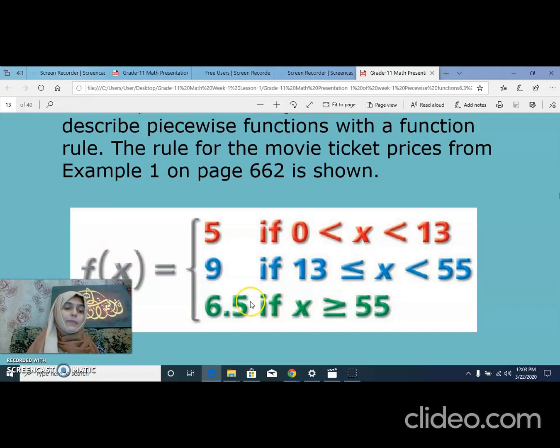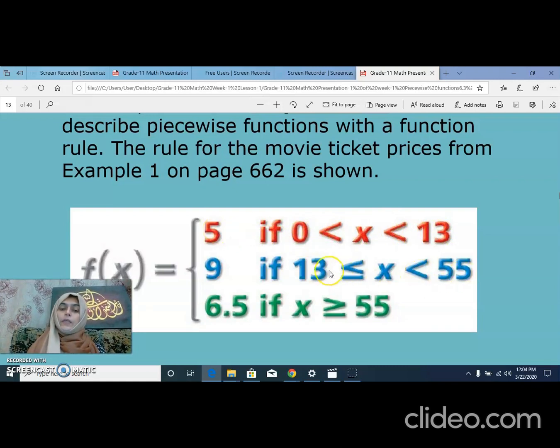For better understanding, read this as 5, 9, 6.5 as the ticket rate for some amusement park. The x value could be the age of the people. If you are under 13, you have to pay 5 dirham.